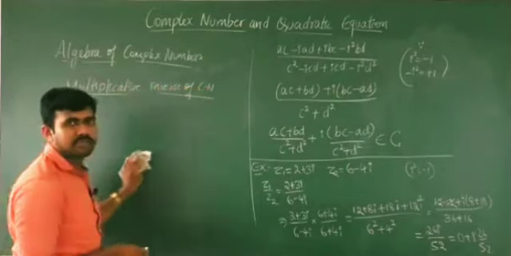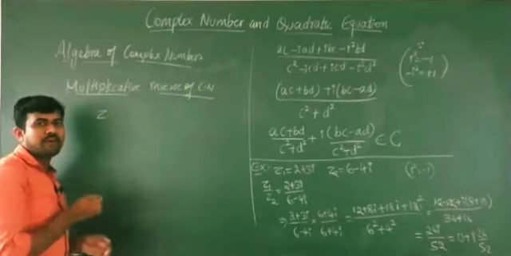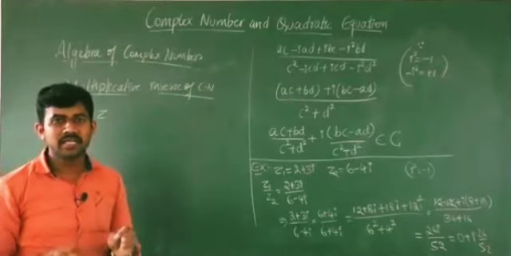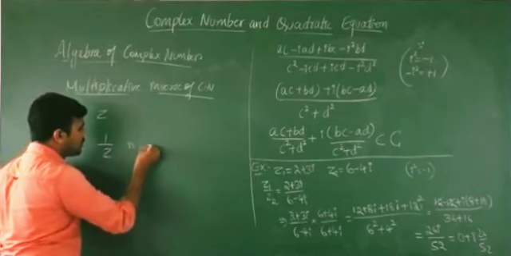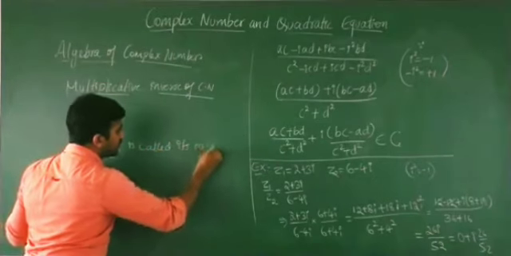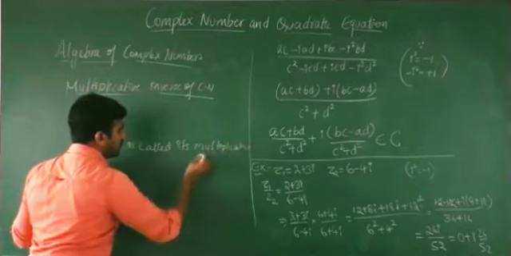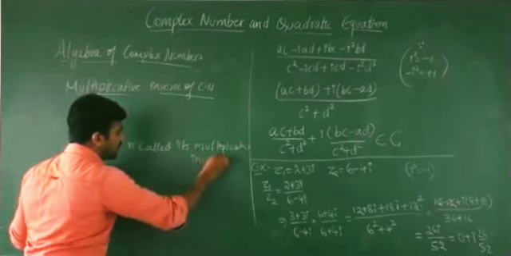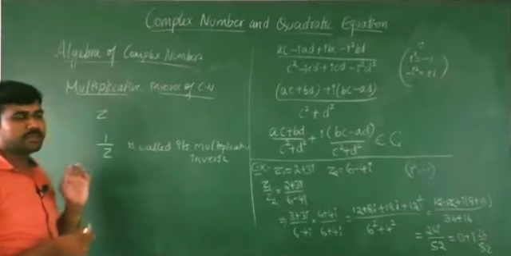If you have a complex number z, then 1 by z is called its multiplicative inverse. They will ask this for 1 mark. Okay, they will give one complex number and ask to find the multiplicative inverse.